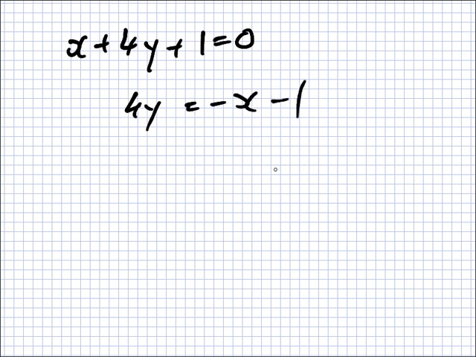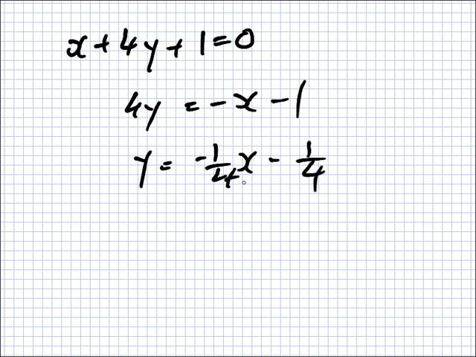So, let's see what we got going. What should I do first? Well, what will I have to do to this? Yeah. So that'll be 4y equals minus x minus 1. Yeah, y equals minus a quarter x minus a quarter. Isn't it?